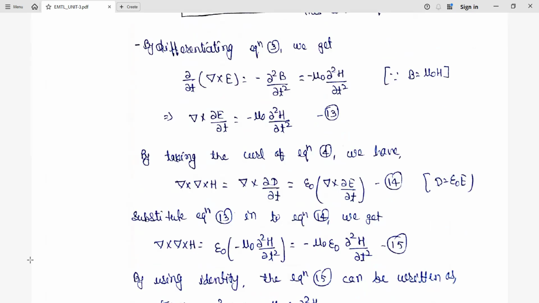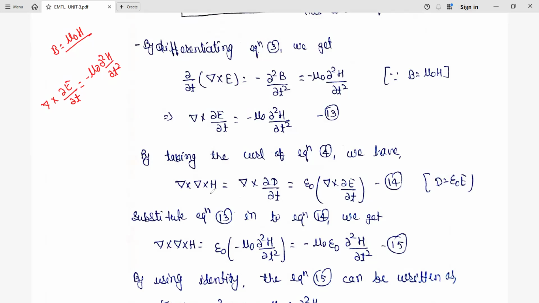Here we utilize ∇×E equal to −∂B/∂t. If we differentiate this again, we obtain ∇×∂E/∂t equal to −μ₀ ∂²H/∂t², since B equals μ₀H in case of free space or perfect dielectric.